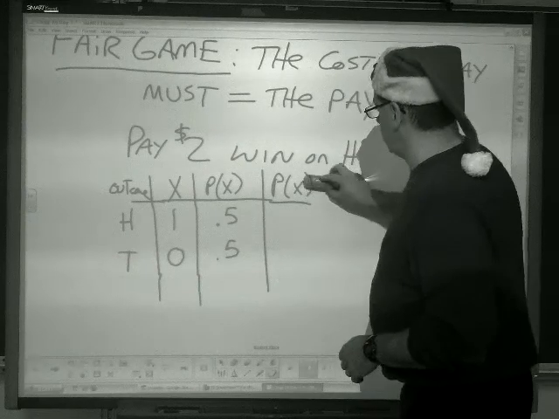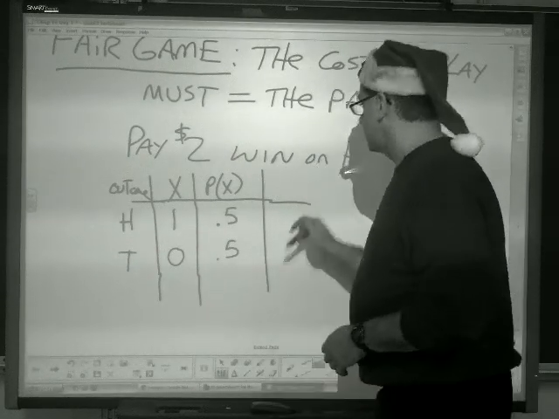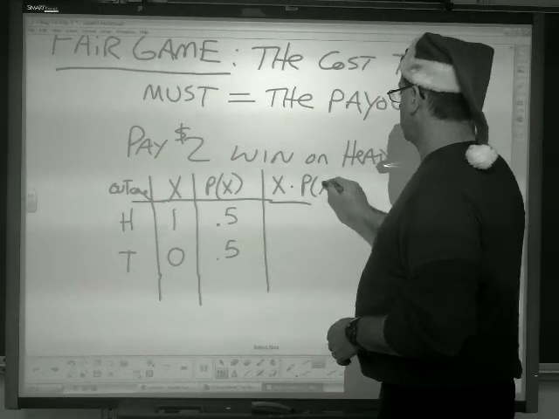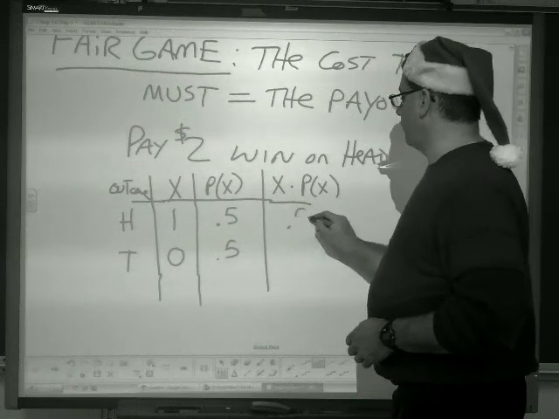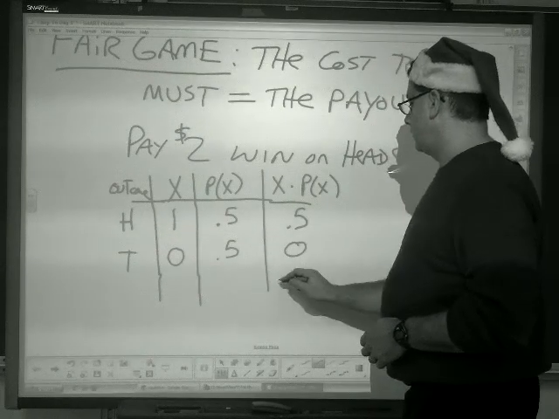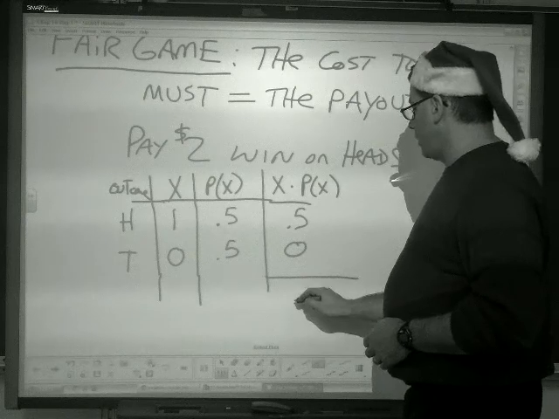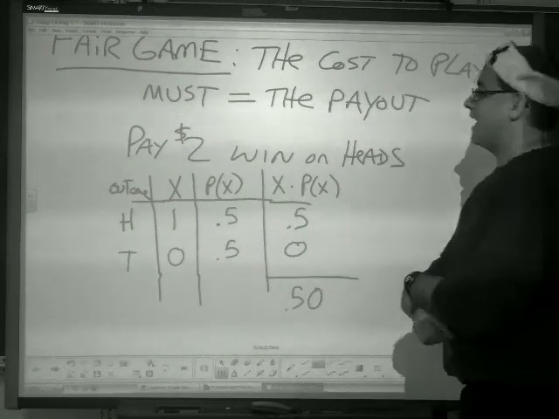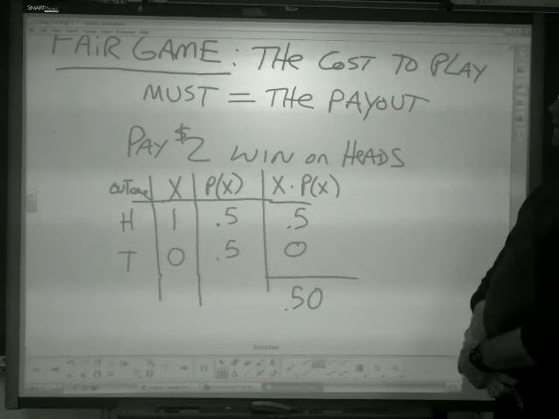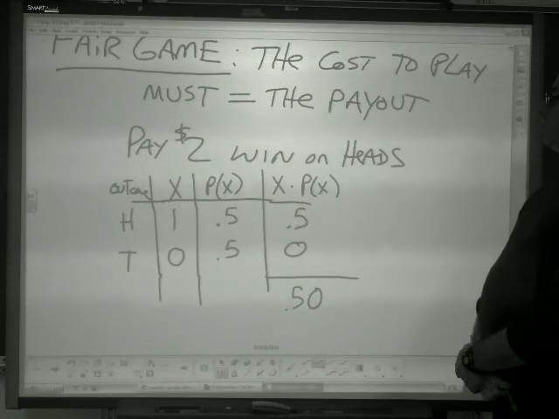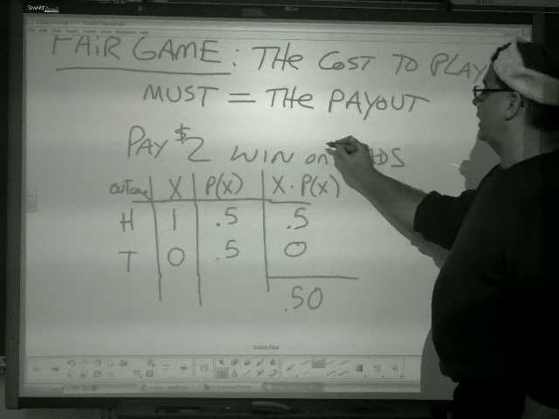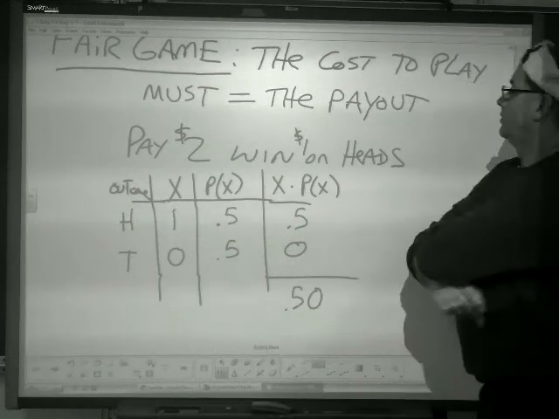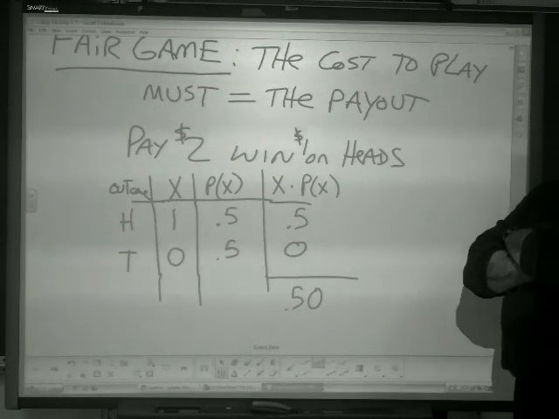So if I do x times p of x, 1 times 0.5 is 0.5, 0 times 0.5, okay? Add these up, my expected payout is 50 cents. Is that a fair game? Pay $2 to play, win $1 on heads. Nope.